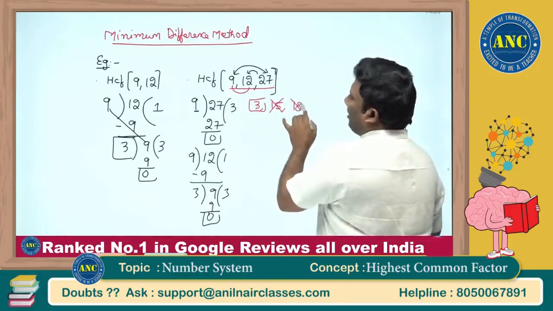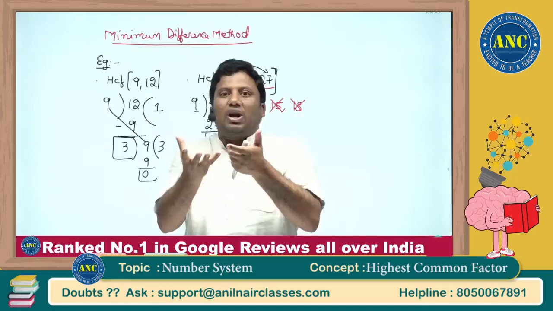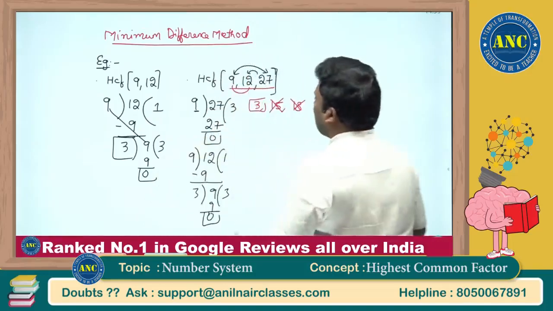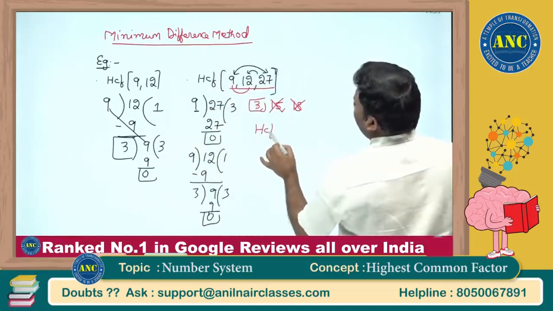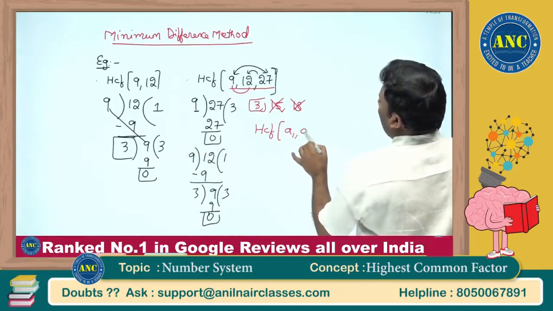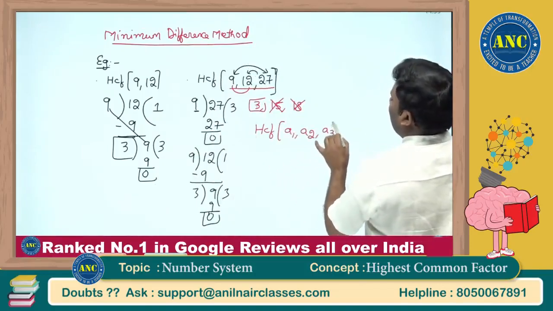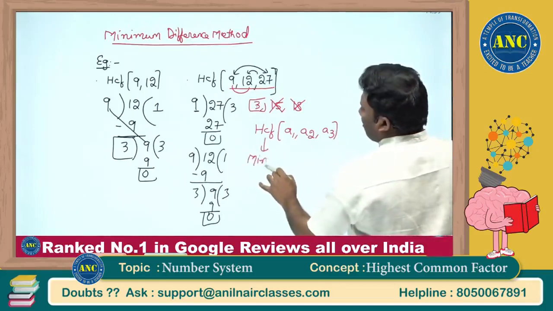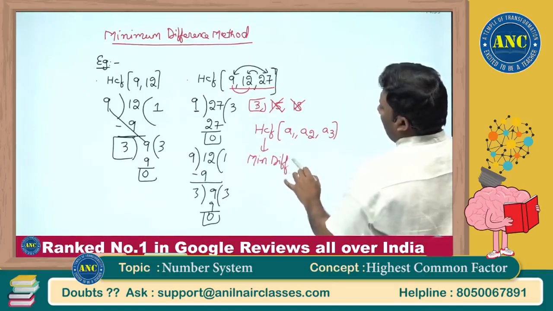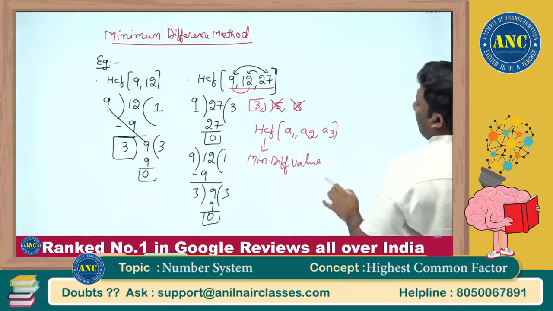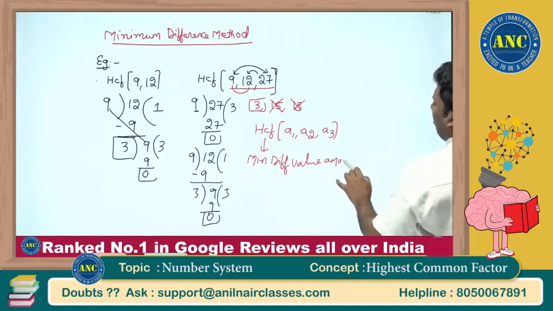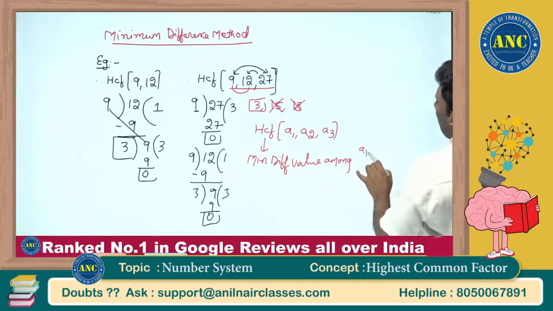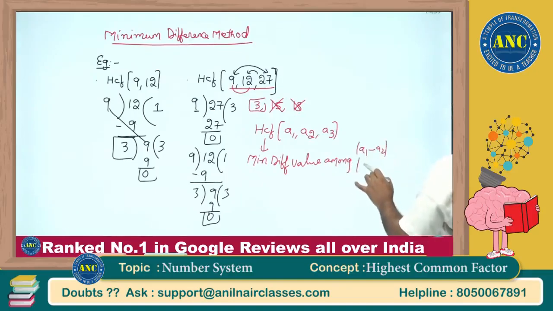So suppose a collection of numbers is given to you, HCF of A1, A2, A3. Take the minimum difference value among A1 minus A2, or A2 minus A1, A1 minus A3, or A2 minus A3.